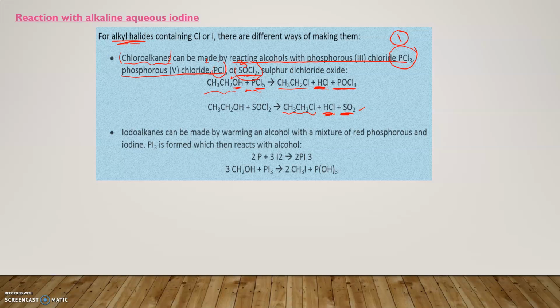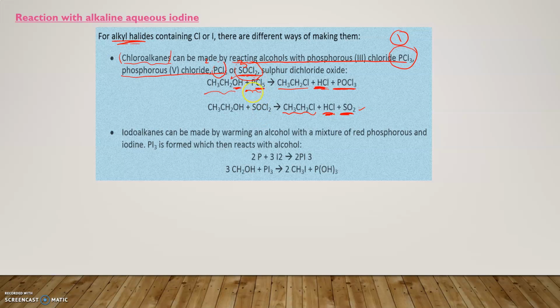Again, to prepare a chloroalkane you need an alcohol and one of these three options: PCl3, phosphorus trichloride, or PCl5, phosphorus pentachloride, or SOCl2, sulfur dichloride oxide. When you react the alcohol with each one of them, there you have two examples.